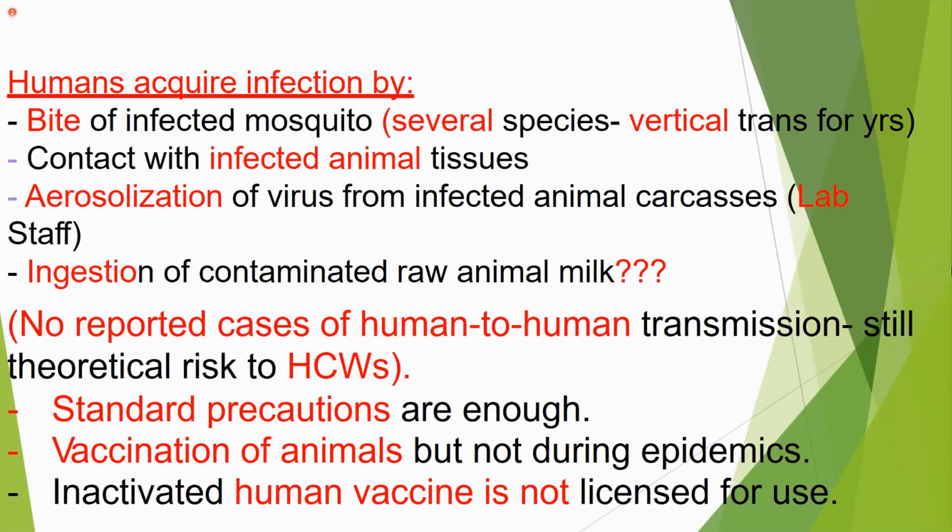Humans acquire infection by the bite of infected mosquitoes, contact with infected animal tissues, and aerosolized transmission of virus from infected animal carcasses, and it also affects livestock. There are no reported cases of human-to-human transmission. Standard precautions are enough. Vaccination of animals is done, but not during epidemics. An inactivated human vaccine is not licensed for use.